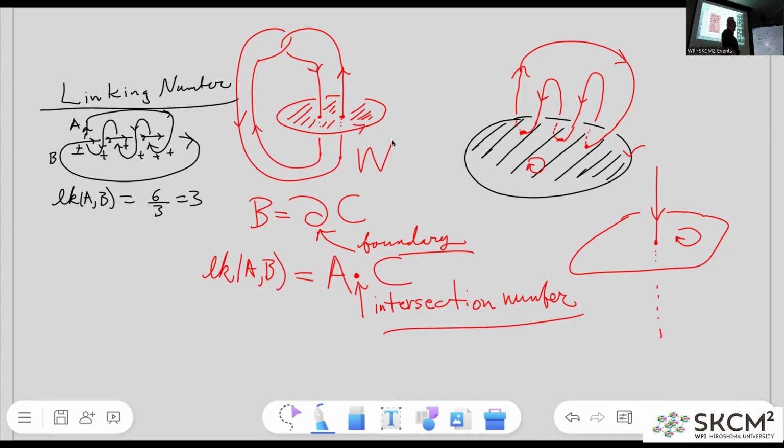Okay, so it's very important and very flexible to think of linking numbers in terms of the piercing number of one curve with a surface that bounds the other curve. And you're going to have some fun convincing yourself that this is also a geometrically invariant, topologically invariant way of thinking about the linking number.